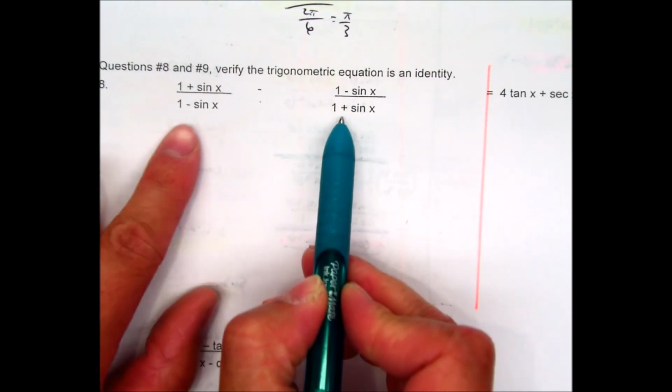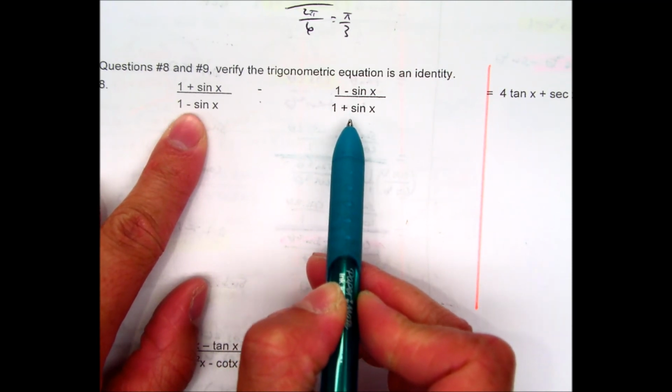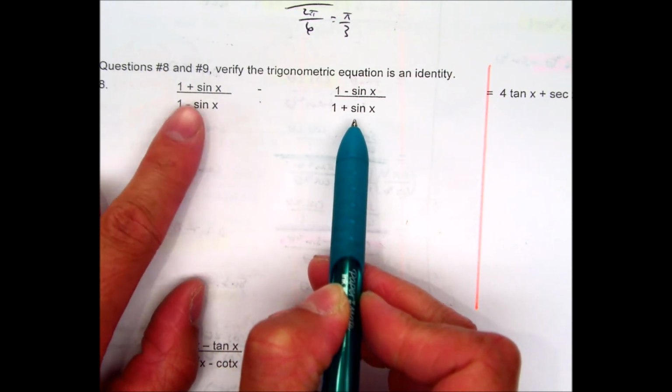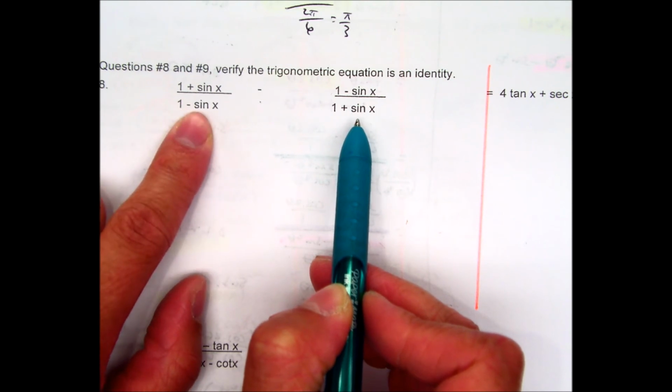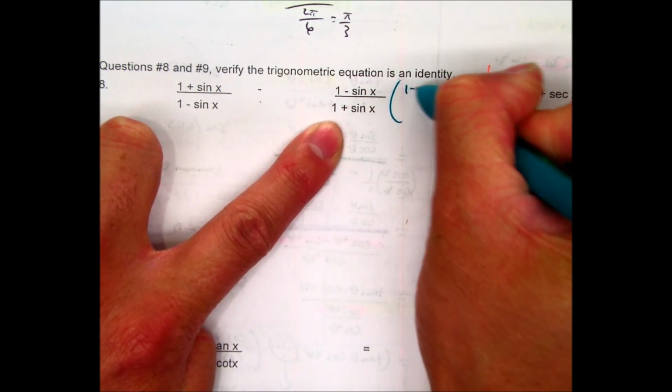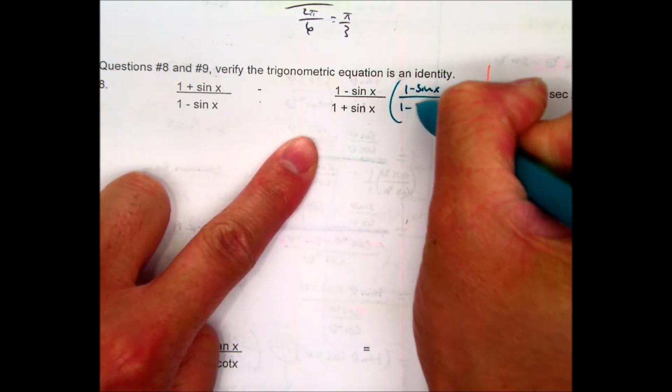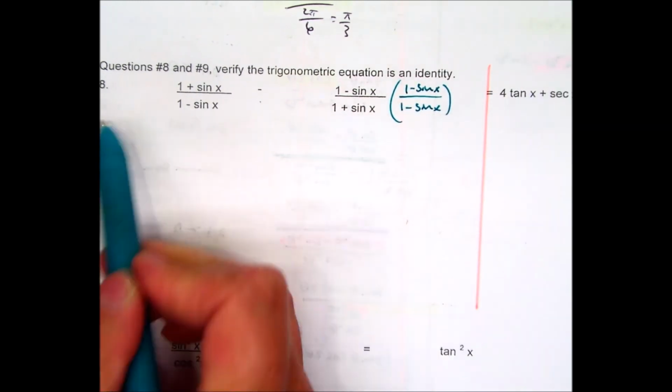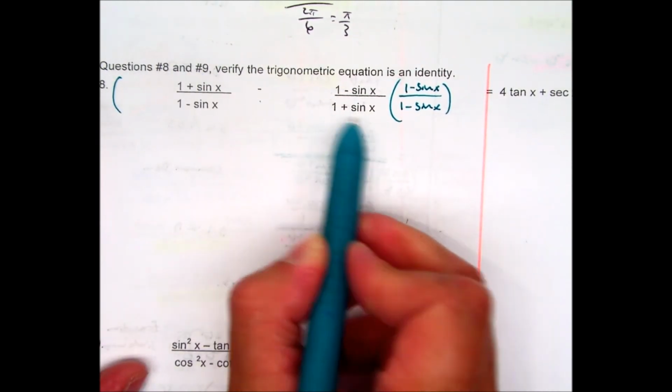Notice how my denominators are not the same. So this side has a 1 minus sine x, and this one doesn't. So I'm going to multiply, so this side has it. And then this side, it's missing a 1 plus sine x.